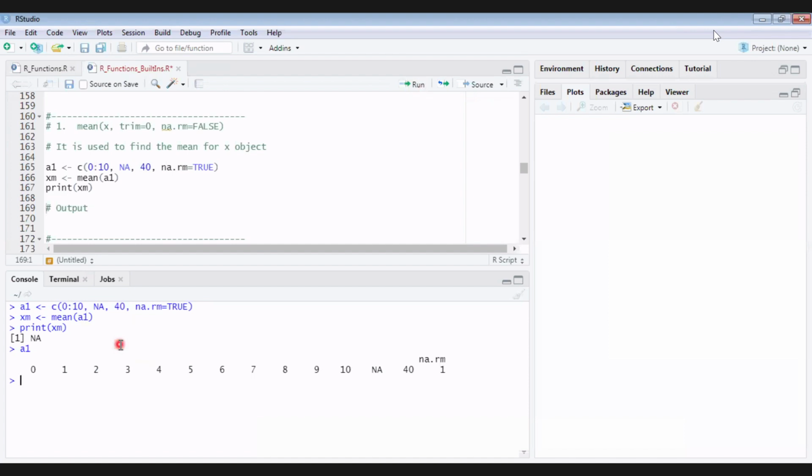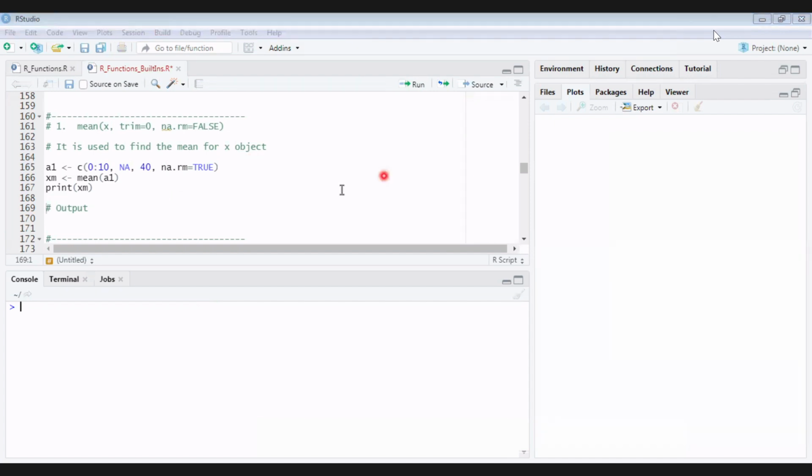Sorry. What is the problem? Can anyone tell me why it is not working? It did not work because this is an argument to be passed in the mean function, but by mistake I am passing it in the vector.